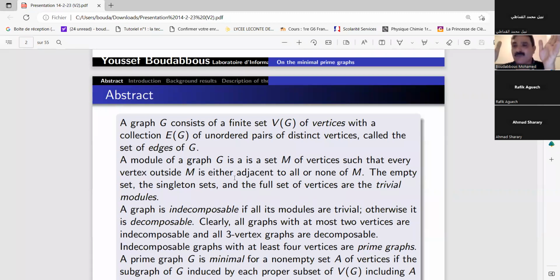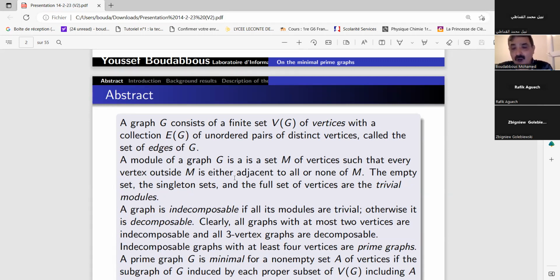Thus, it is a set of real numbers which are indistinguishable by any real number outside. As examples of modules in any graph, clearly the empty set, the singletons of vertices, and the vertex set are trivial modules, called the trivial modules.